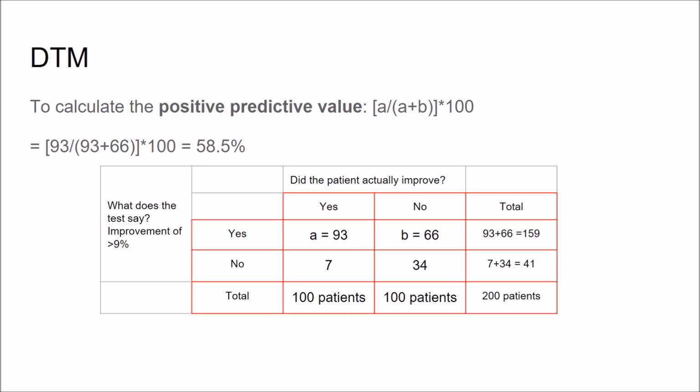Taking that proportion, we multiply it by 100 to convert it into a percentage, and that gives us 58.5%. So the positive predictive value for this particular patient, whether the patient has actually improved by 11%, is 58.5%.